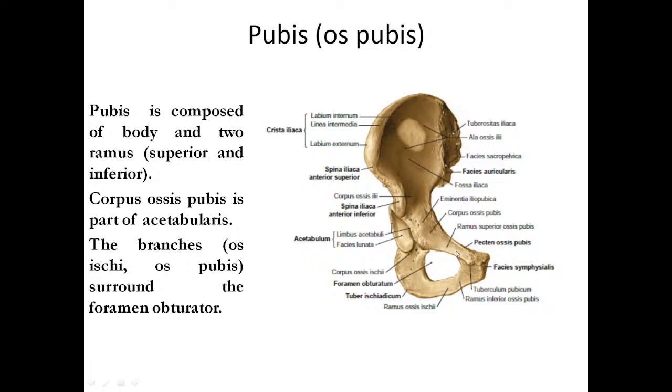Corpus ossis pubis is part of the acetabulum. The rami of os ischii and os pubis surround the obturator foramen. This is rami ischiadici, and this is rami pubis, surrounding the obturator foramen.